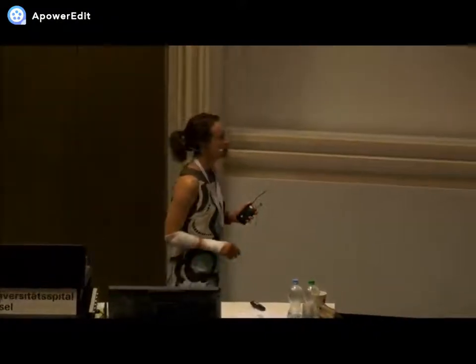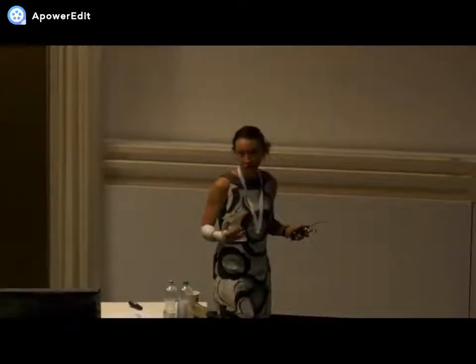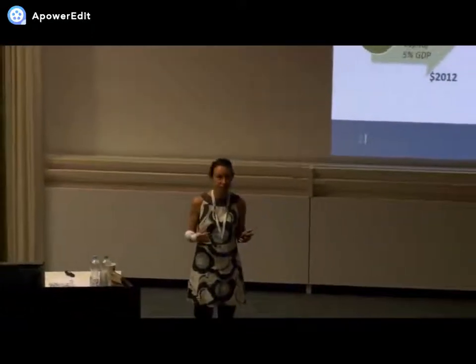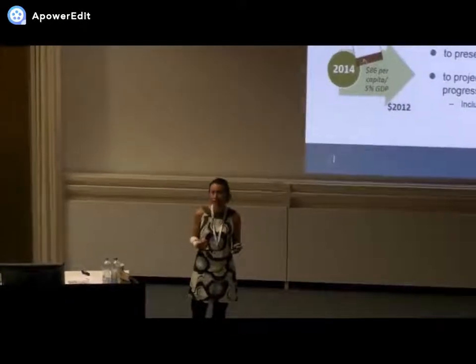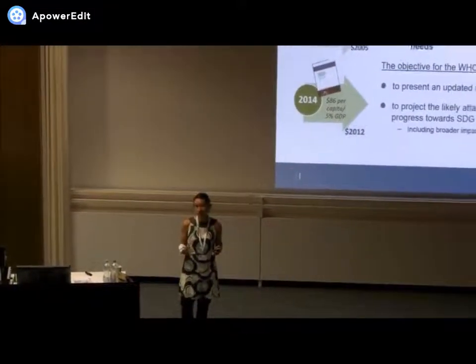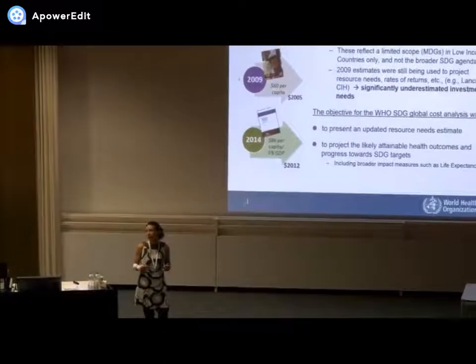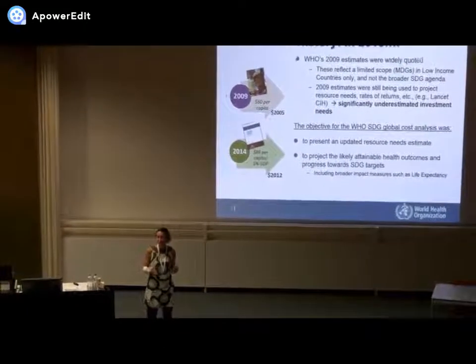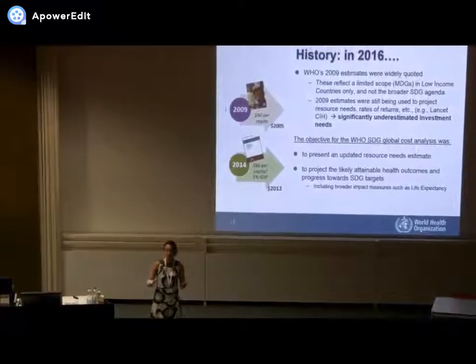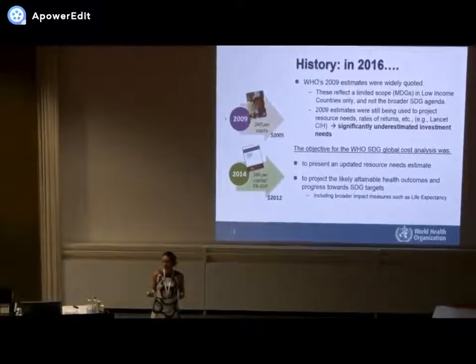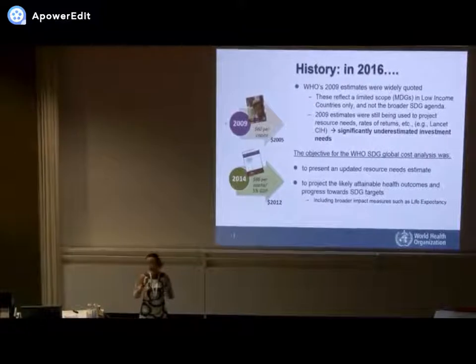So the background to this is that, many of you might know, over time WHO produces global resource needs around the required investments to strengthen health systems and to reach global health targets. So we have specific strategies and global asks for specific diseases such as malaria or TB, but we also work on sector-wide assessments on resource needs.